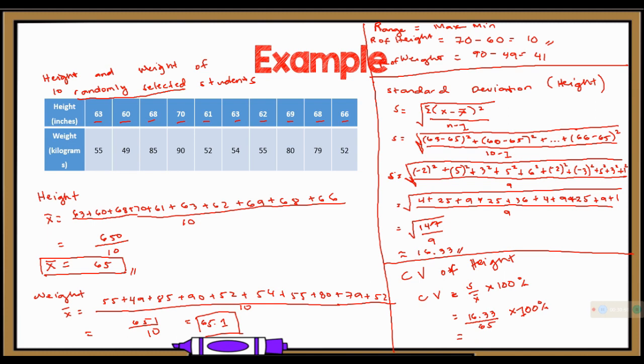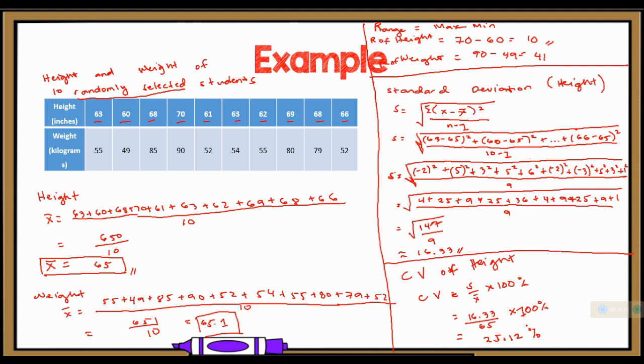Multiply na natin siya diretso sa 100. We have 25.12%. So the coefficient of variation of height is 25.12%. Okay? So that will be the end of our discussion.